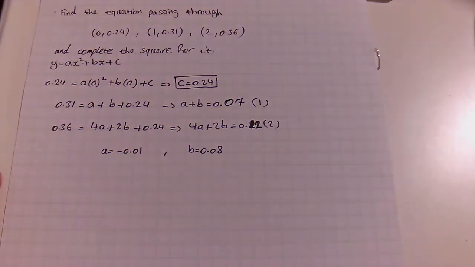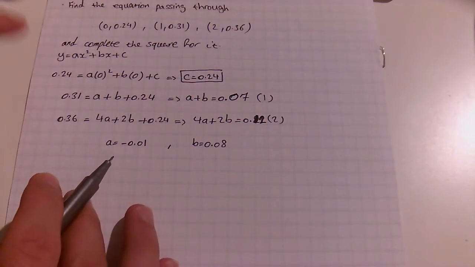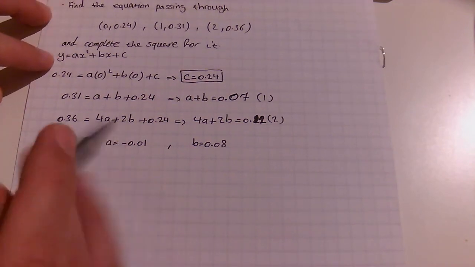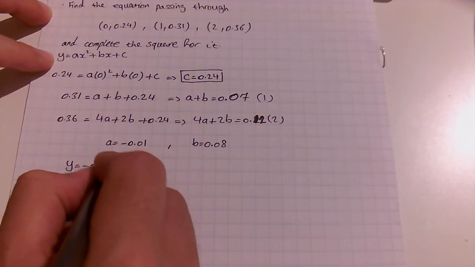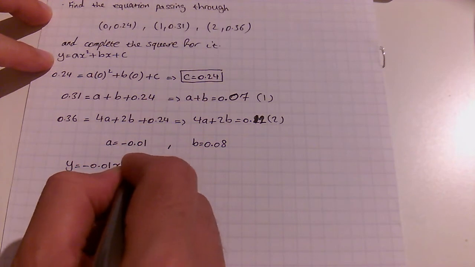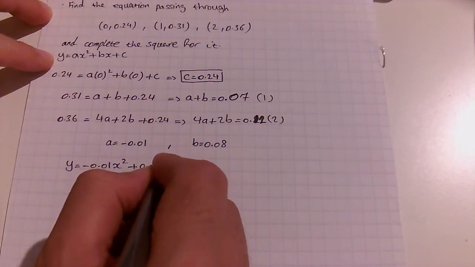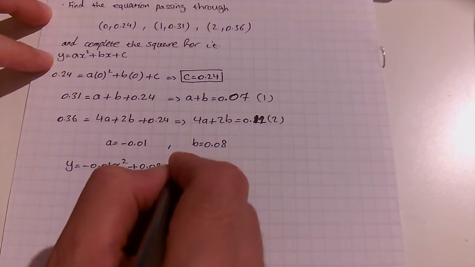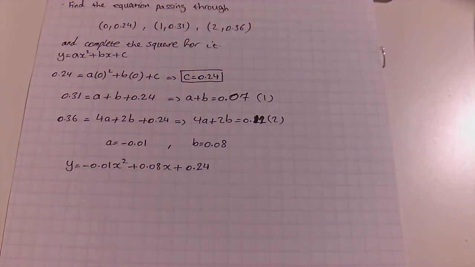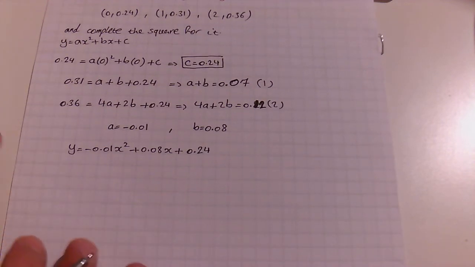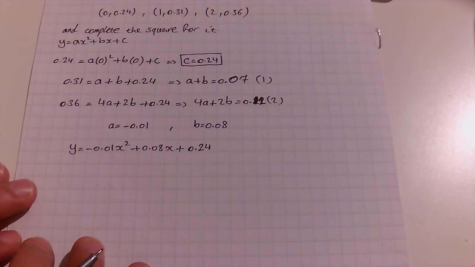Okay, I made one mistake here. 4a plus 2b must be equal to 0.12. So therefore, I need to insert the values again. We've got the first equation correct. For the second equation, I just need to change it to 0.12.